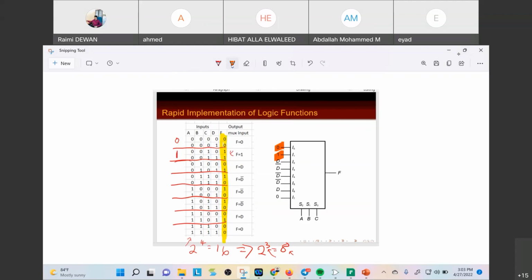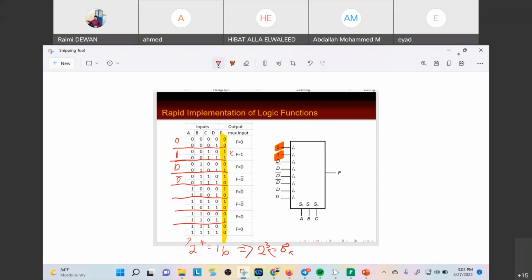Then after that, we evaluate the third one. It's always consistent with D, so the third one is actually D. And this one you can see is the inverse, always complementary with D, so this one is D bar.